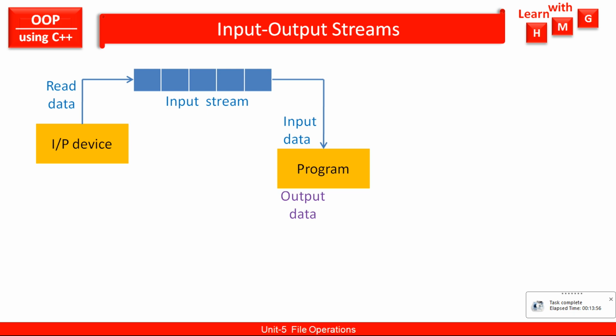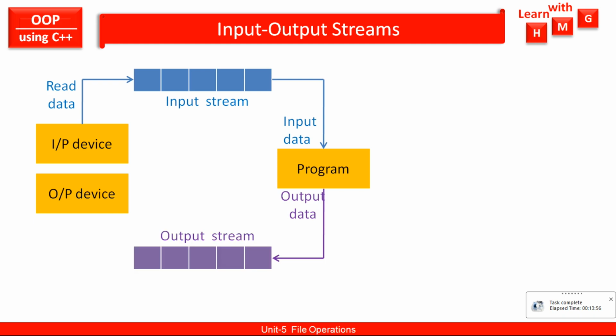Similarly, the program generates certain output data, and this output data is required to be provided to the output device. Instead of providing it directly to the output device, first of all the output data is given to the output stream, and then from the output stream it goes to the output device, that is, written to the output device. So this is the flow of data from program to output stream and from output stream to output device.